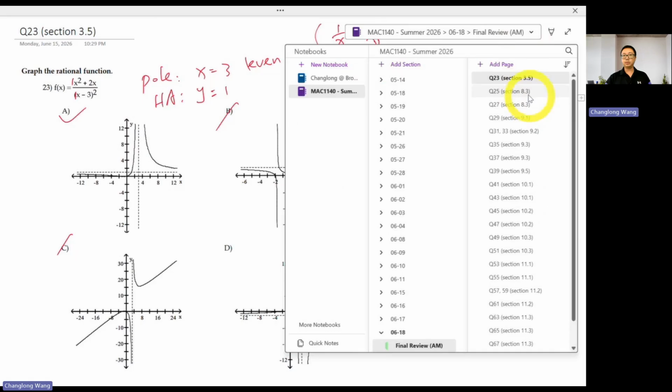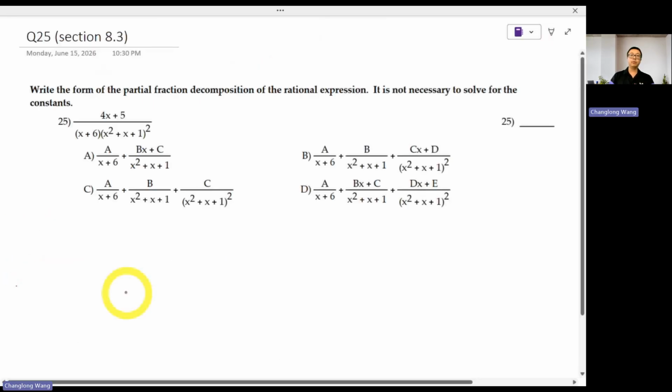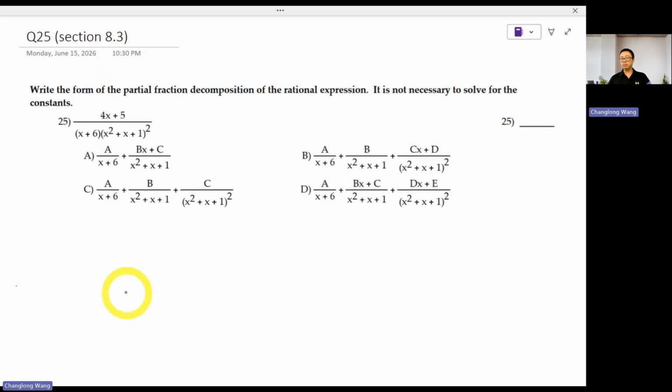But I'm going to move on to 25. Now for 25, please make sure that you do take a look at the packet I gave you for 8.3. So there are 4 rules.